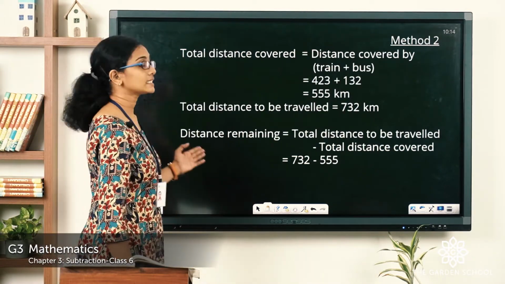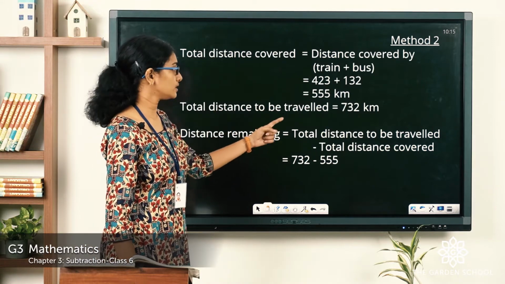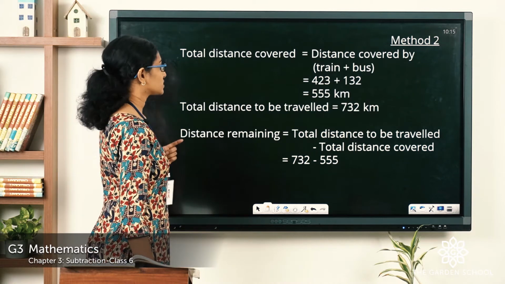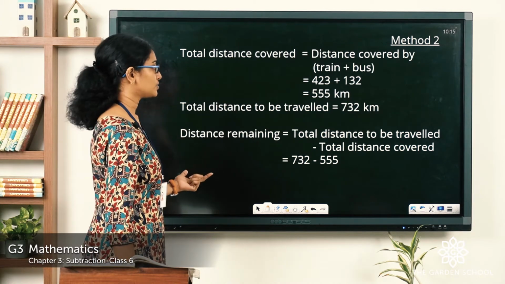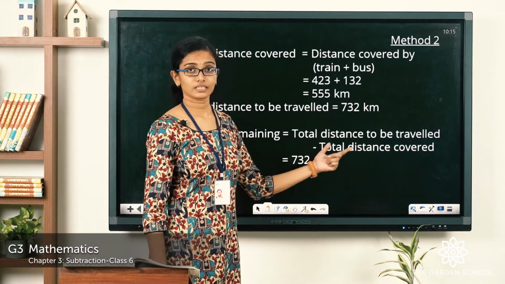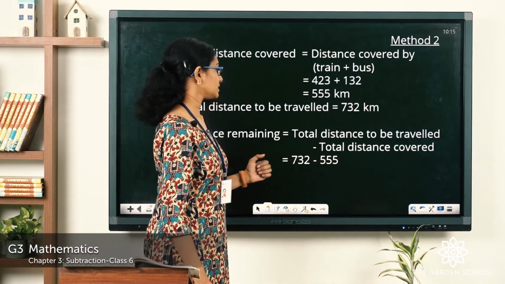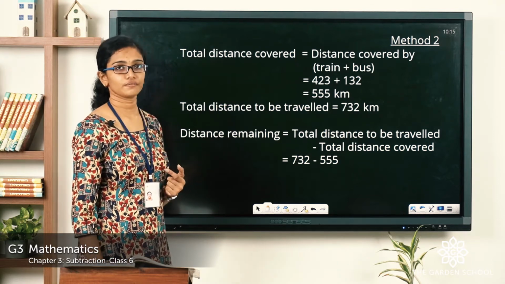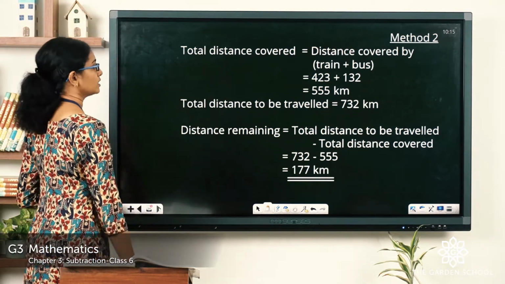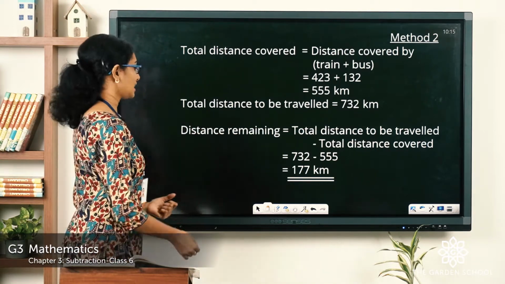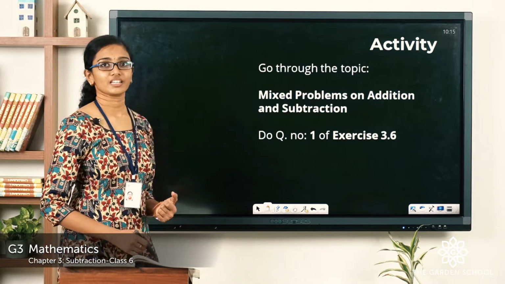Now, the total distance that has to be traveled is equal to 732 kilometers. The distance now remaining is equal to the total distance to be traveled minus the total distance already covered. That is 732 minus 555. What is the answer? It is 177 kilometers. I hope these two questions are clear to you.